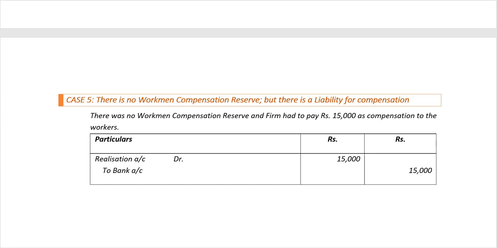So we just pay off the liability. There is no reserve which can be transferred to the credit of the realization account. We will just have to pay off the rupees 15,000 liability by passing the entry realization account debit rupees 15,000 to bank account rupees 15,000.